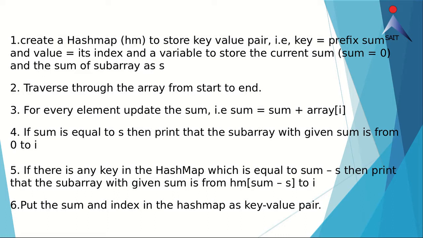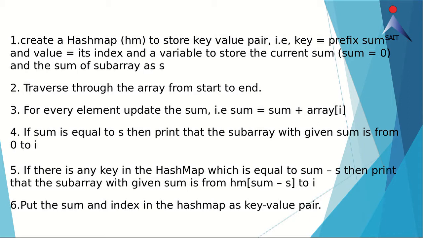We are going to traverse this array from start to end. For every element we update the sum as sum plus arr[i]. If, after the iteration, the current sum is exactly equal to the given sum, then we just return the index positions from 0 to i.